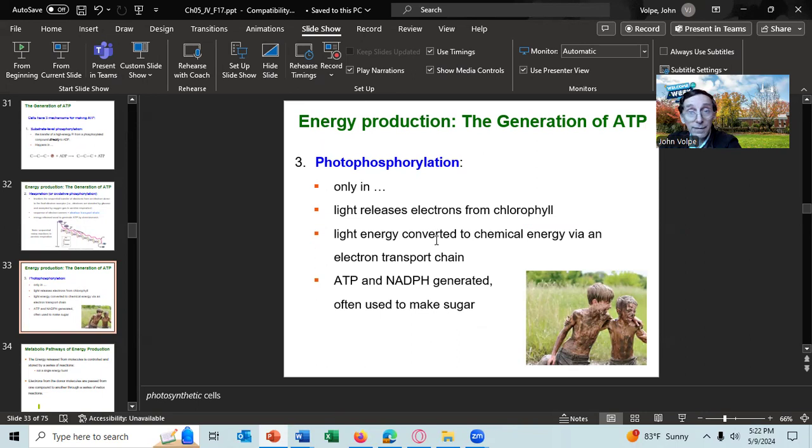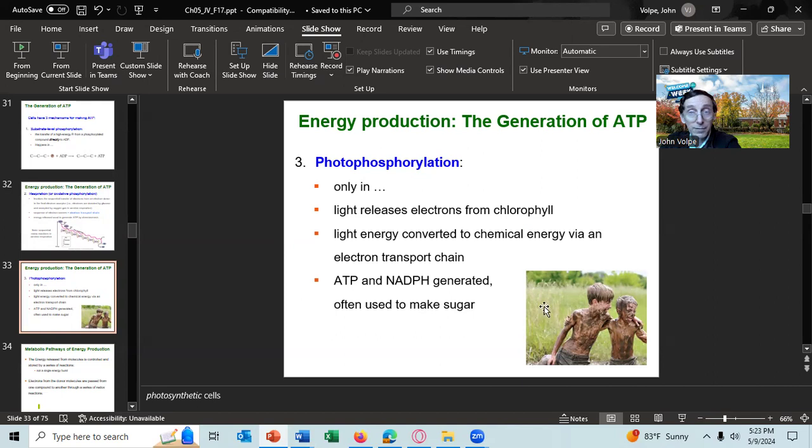The light energy is then converted to chemical energy via an electron transport chain. ATP and NADPH are generated, but they are often used to make sugar.